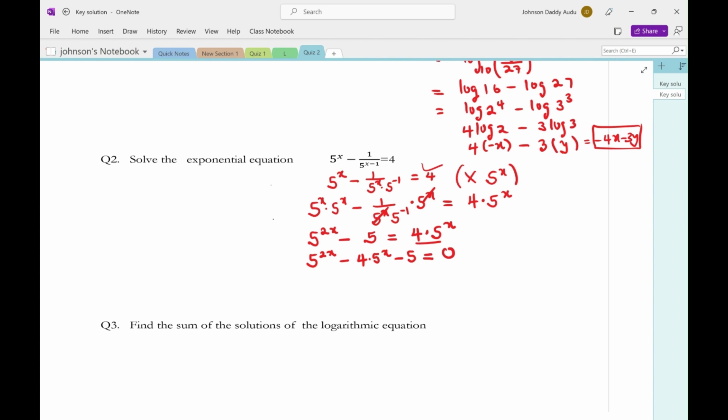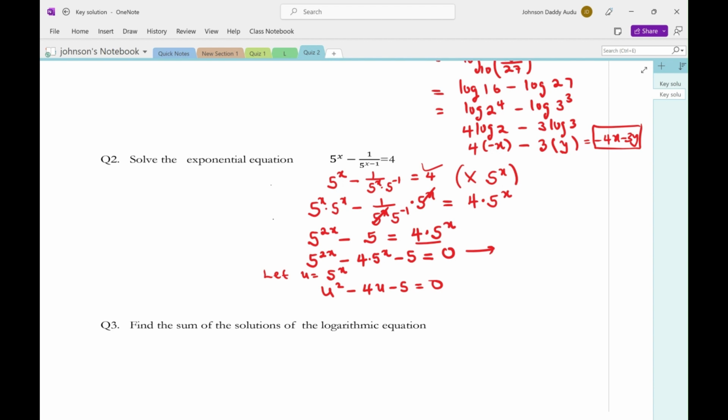Here we can make a substitution. What kind of substitution can we do? We can let u equal 5 to the power x. If you do that, you will realize that this problem will be transformed into u squared minus 4u minus 5 equals 0.